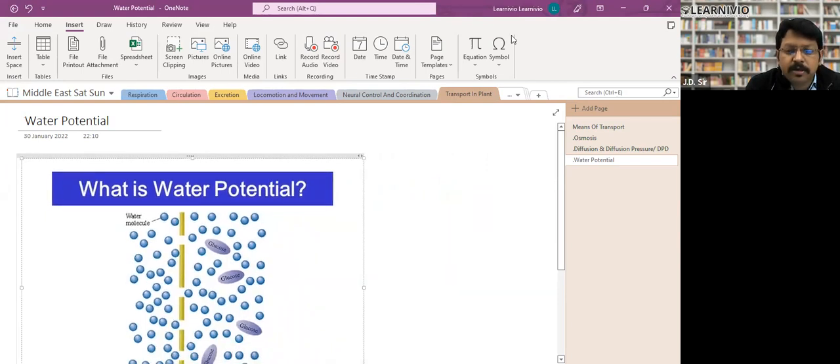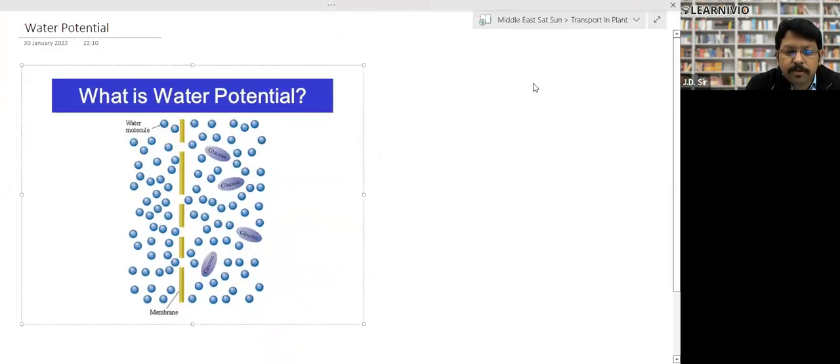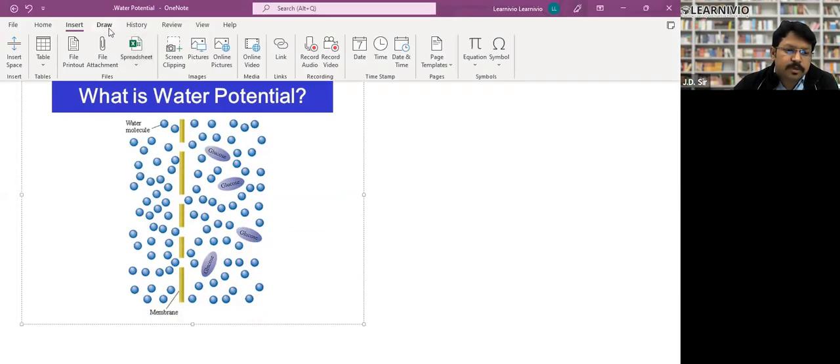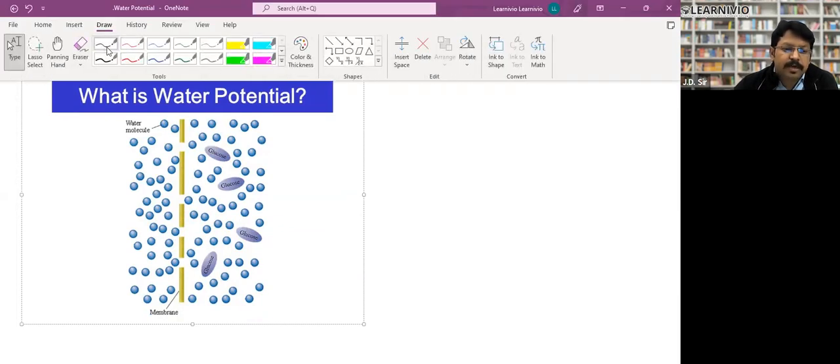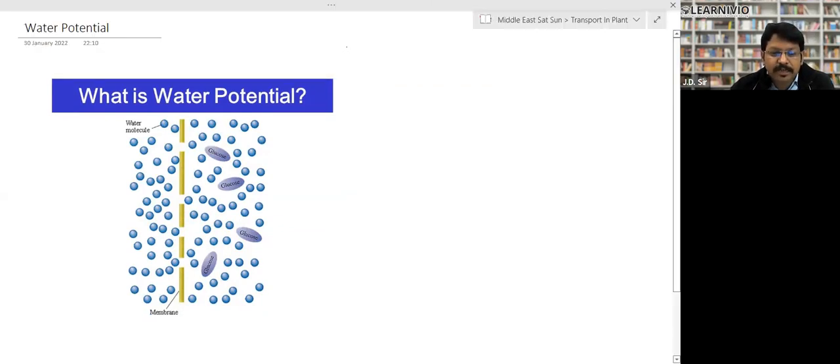We represent this potential term with a letter, and that letter is called psi.